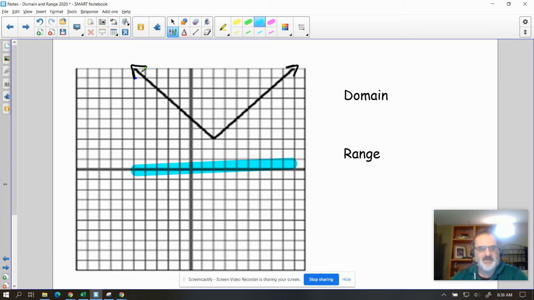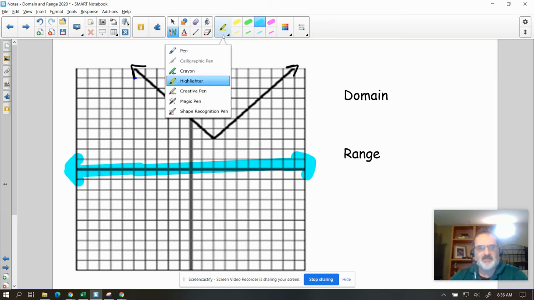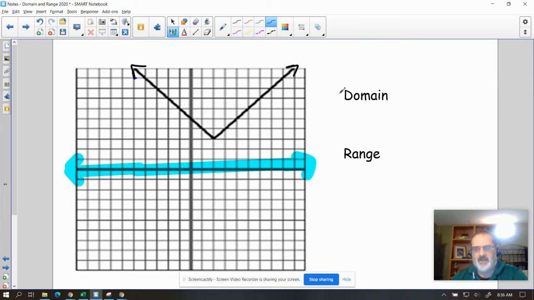But these arrows indicate this function goes on forever left and right. So we have to extend this forever left and right. Well, when a function's domain drops to the entire x-axis, we can say, from Algebra 1, hopefully you remember, that the domain is all real numbers.